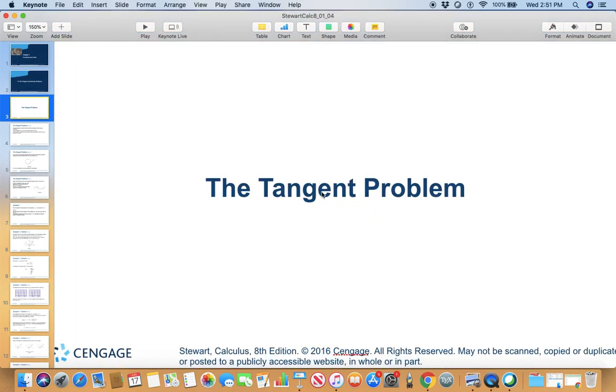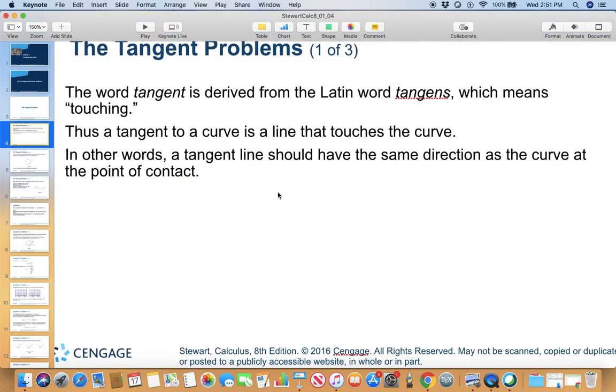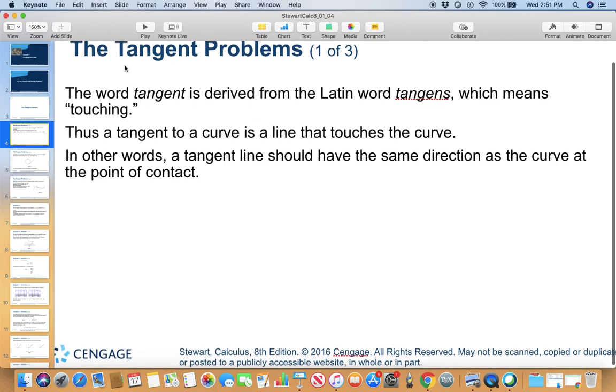The tangent problem. What is the tangent problem? Well, the word tangent is derived from the Latin word tangens, which means touching. Thus, a tangent to a curve is a line that touches the curve.